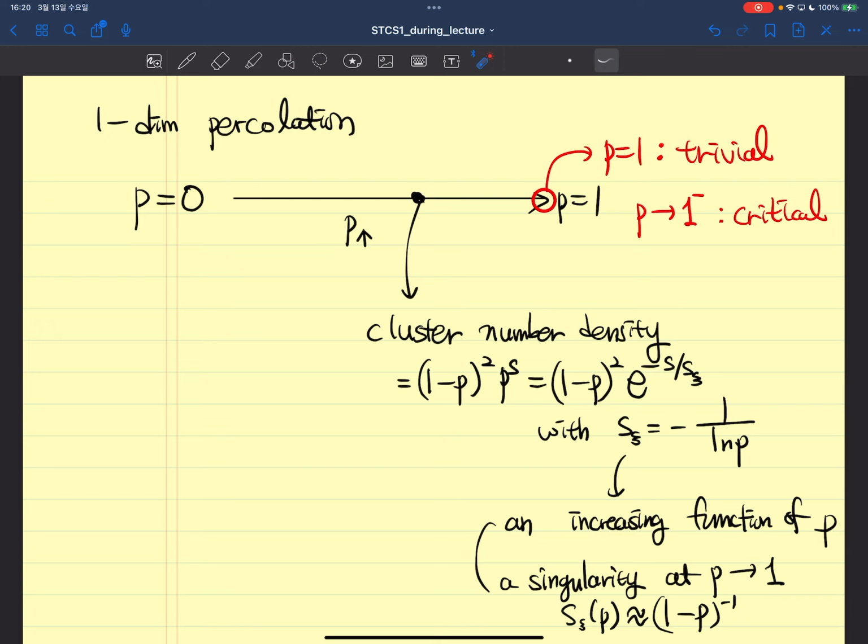As P goes to 1, it looks like it approaches some kind of very critical and power law-like behavior. But at the same time, if you actually use this trivial case, nothing is interesting, because this means that basically all of the sites are occupied and nothing comes up. So it's a kind of weird combination that is a characteristic of this one-dimensional system.